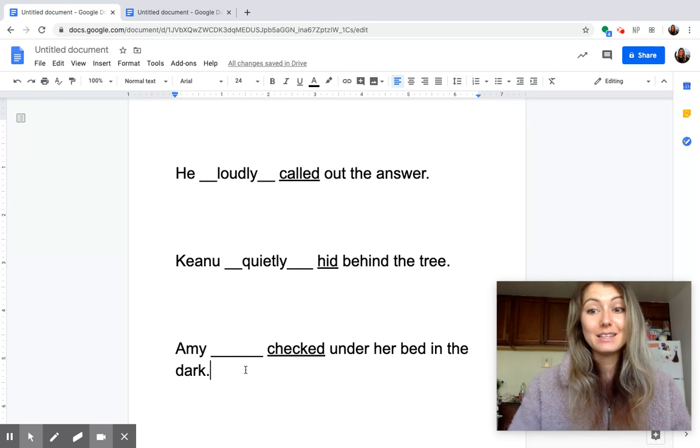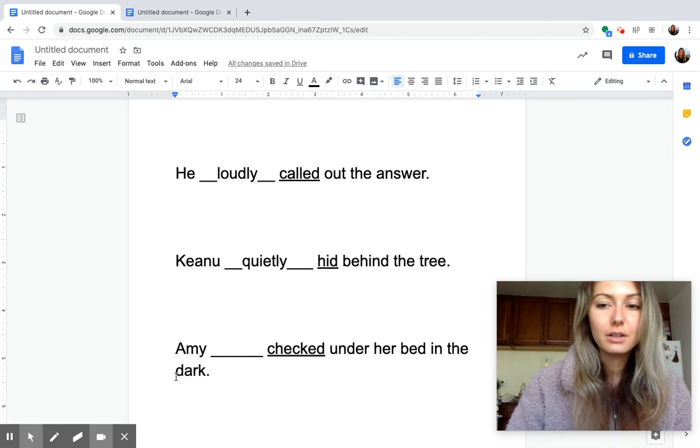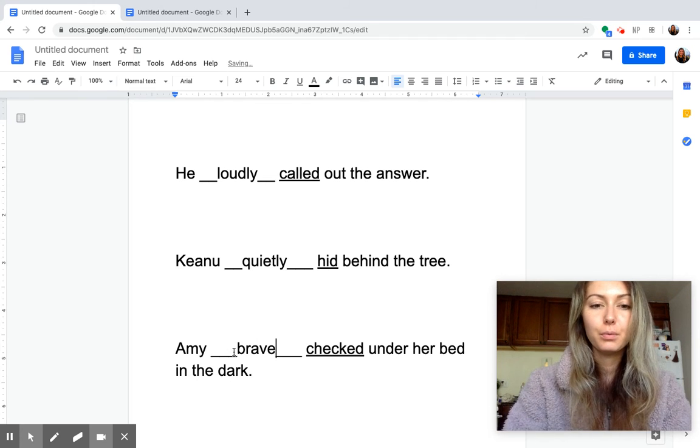Now, that sounds pretty scary because if it's dark, it's usually scary. And under the bed can sometimes be scary. So if she's looking under the bed, she's probably acting very bold or brave. So Ms. Metz is going to use that word brave.